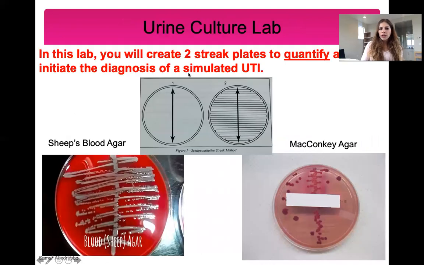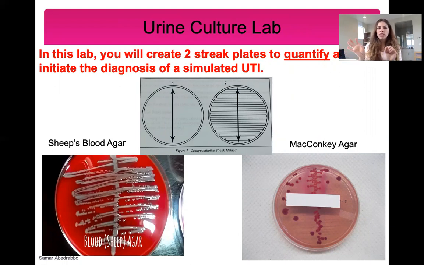So in lab, you're going to create 2 streak plates to quantify and initiate the diagnosis of a simulated UTI. You're going to use 2 different agar plates. One is called sheep's blood agar, because it actually has sheep's blood in it, which kind of simulates what our body is like when bacteria grow in it. And then you're going to use another plate called Kaneki Agar.